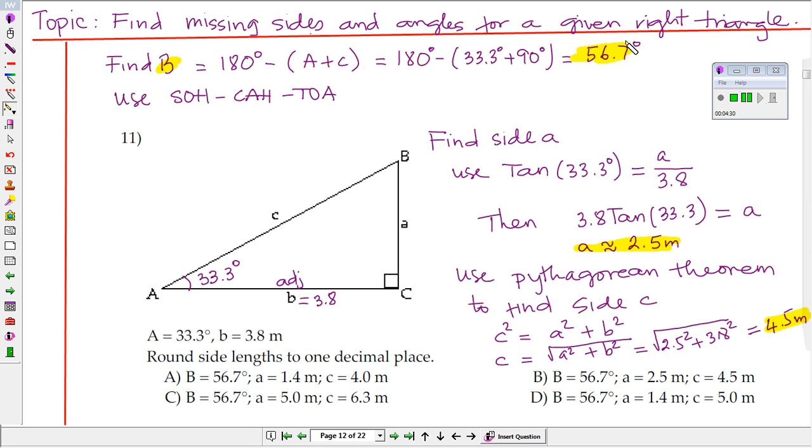Now we know the two missing sides and the missing angle. We go to our multiple choice to see which one matches. You can look at B right here. It has the correct angle B, the correct side A, and the correct side C.